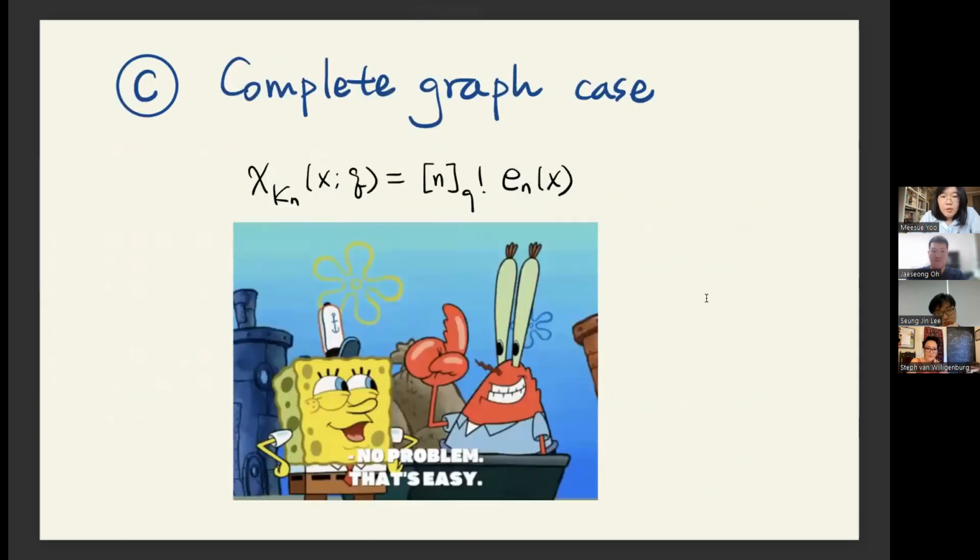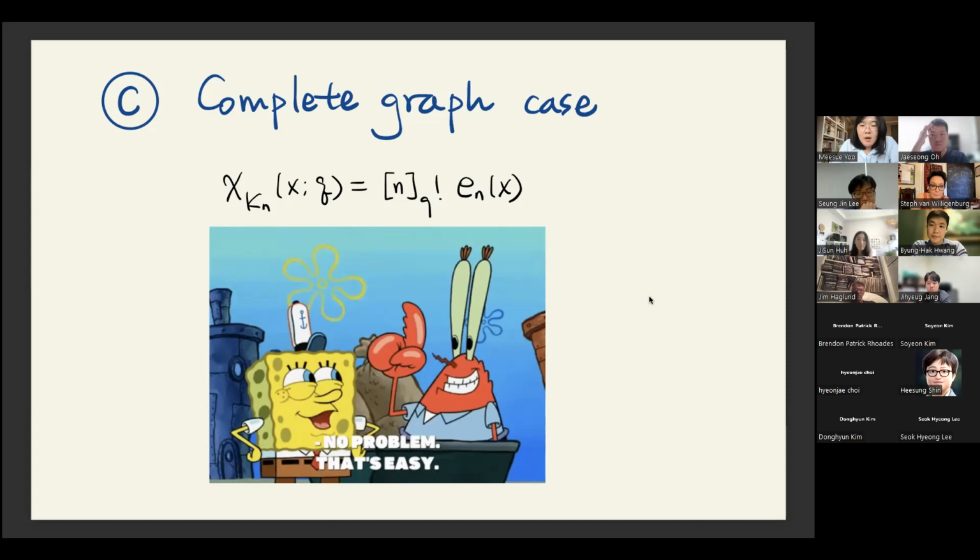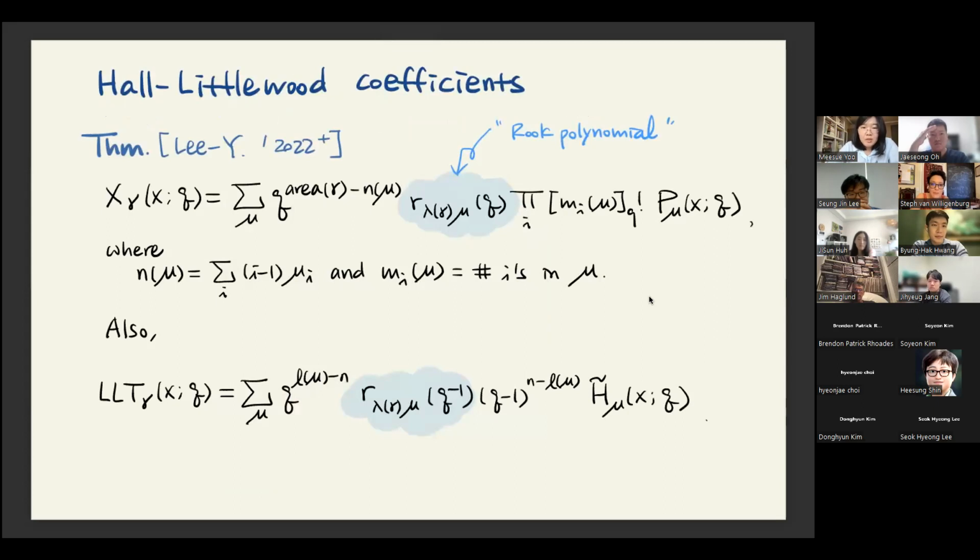And the third one was about the complete graph case. The value for the complete graph case should be this one, but it's easy to compute. So by showing that the three conditions are satisfied, we can see that our expansion is really the chromatic quasisymmetric function of the dict-path. So let me just show you the theorem one more time.